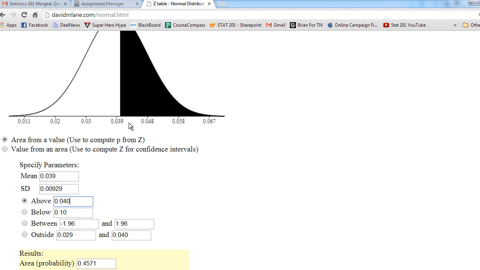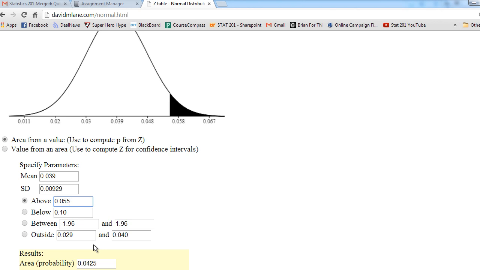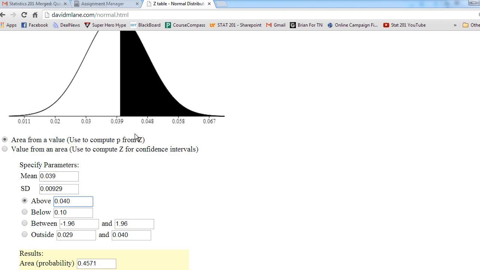The antonym of reject is fail to reject, meaning that when we reject, we have enough evidence to go against the null. Somewhere over here, according to 0.05, this would be enough evidence. When we fail to reject, we do not have enough evidence to go against the null. We would still retain the null.